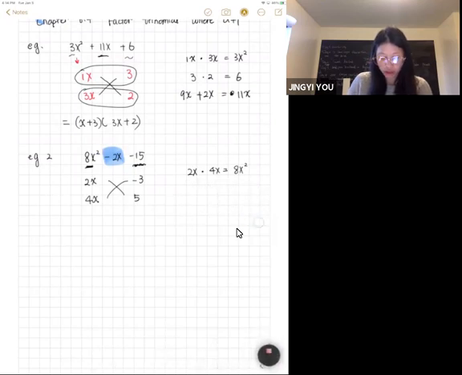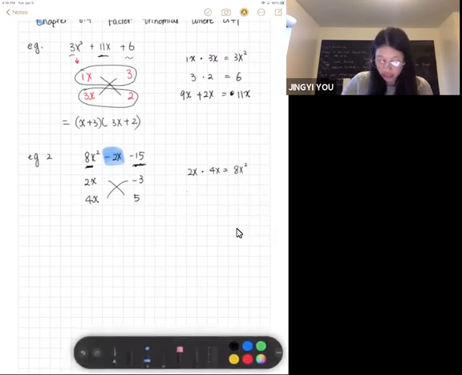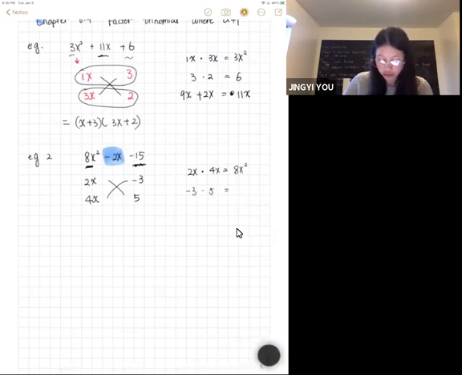So still, 2x times 4x is equal to 8x squared. Negative 3 times 5 is equal to negative 15. And then you cross multiply, you will have 10x minus 12x, which is negative 2x.